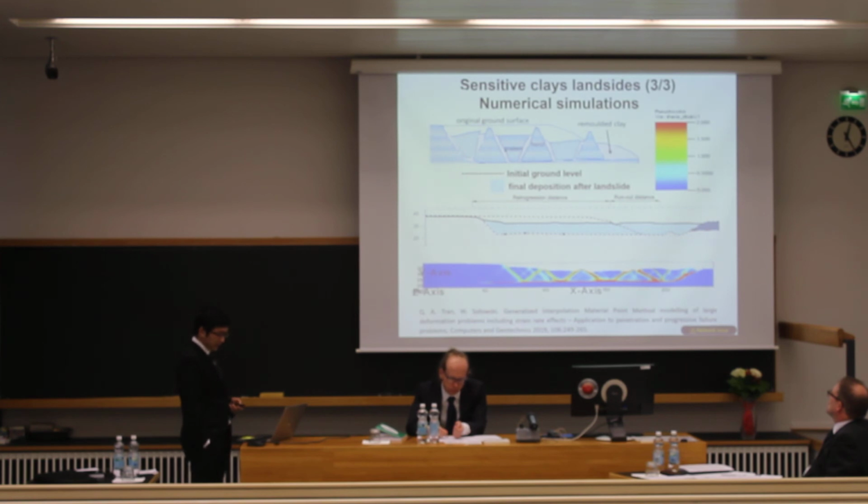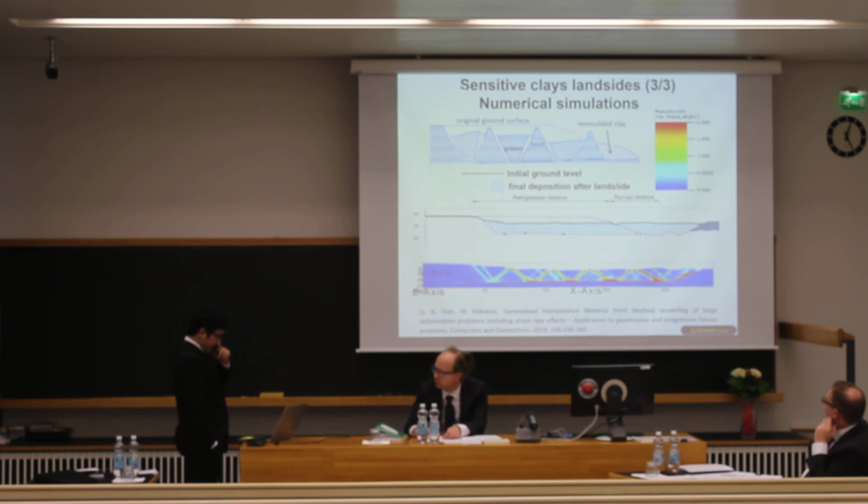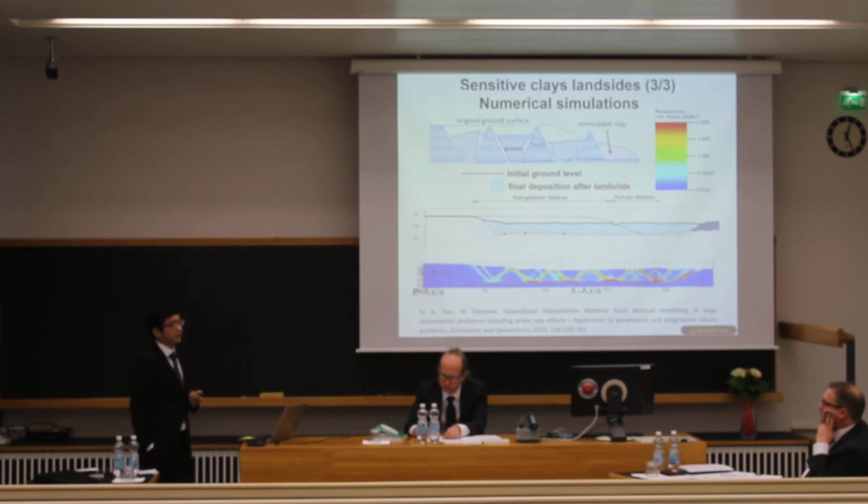And here you can see the formation and the dislocation of the soil block in a similar way to the observation on site. And we also have the similar retrogressing distances here. However, this analysis was done using the total stress analysis.